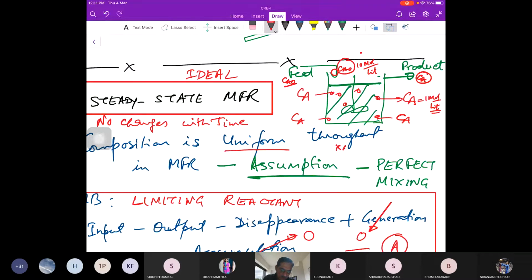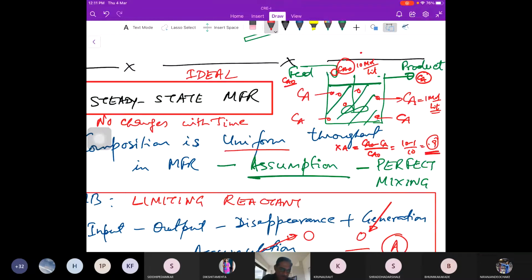How do you calculate conversion? 90%. Right. So (Ca naught minus Ca) upon Ca naught. So (10 minus 1) upon 10, that is 0.9, and 90% conversion is what we take in the reactor, which is what is desired, the maximum conversion in the reactor to the product.